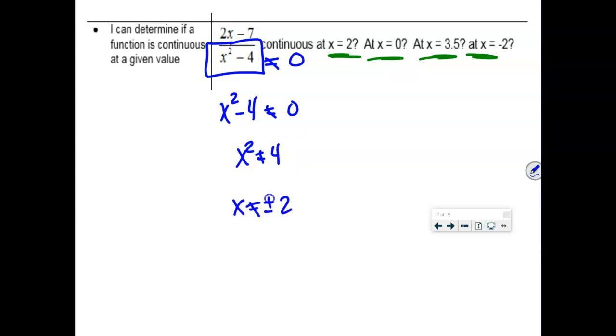So that means x can't be positive or negative 2, because it would be discontinuous. It would have an interruption of the domain. So that's a quick no, yes, yes, followed by a no. So rather than plugging each one in separately, just figure out what's the problem, and then tell me those don't work. That's a lot quicker, isn't it?